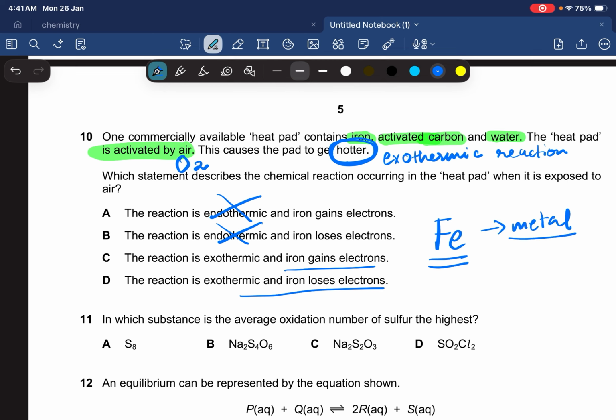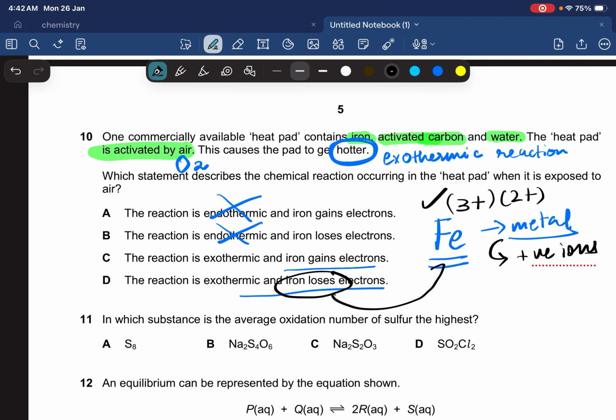And you should know that metals form positive ions. Normally, when it reacts with natural things, it can form an iron 3 plus or an iron 2 plus ion, right? That's how iron reacts. So iron only loses electrons because it's a metal.